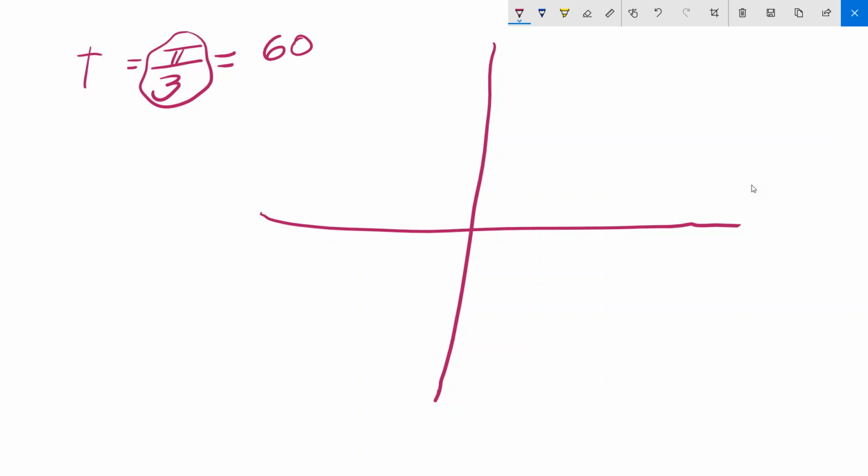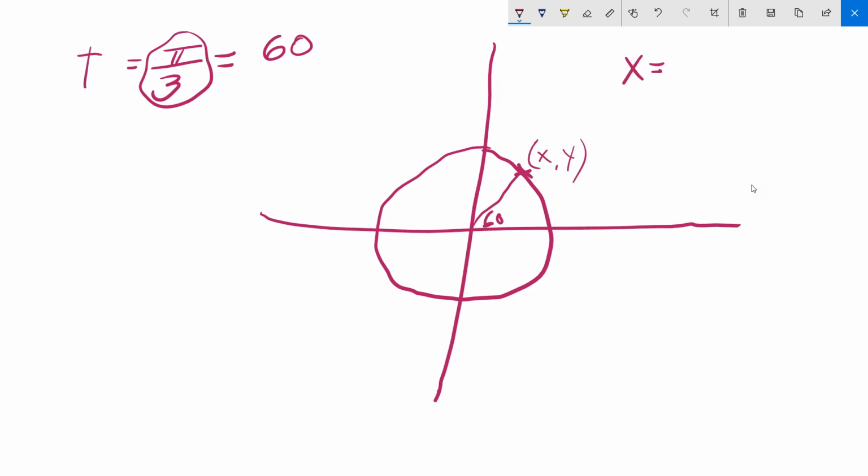So we're looking at, here, let's first of all draw our unit circle. And they want to know what that is, that xy coordinate. Well, what do we know about that xy coordinate? What's x equal to? X is equal to a trig function of that angle, and y is equal to a trig function of that angle.